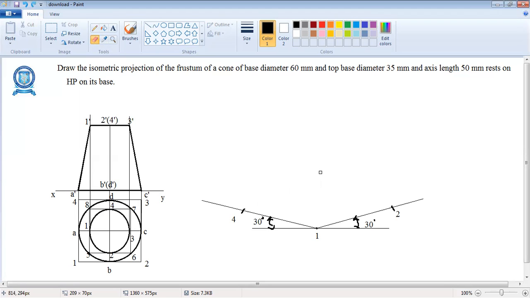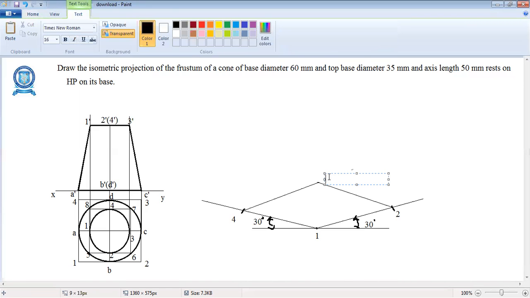Approximately, so that only the measurements will be there. Point 3.